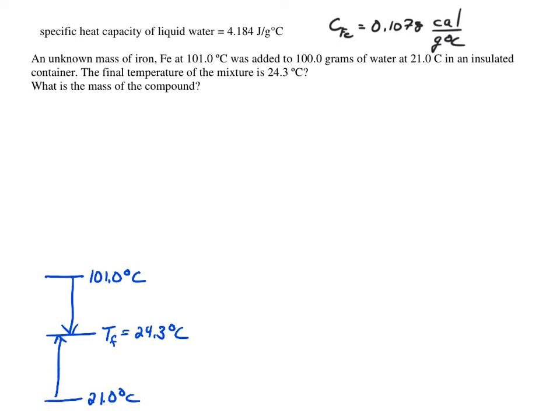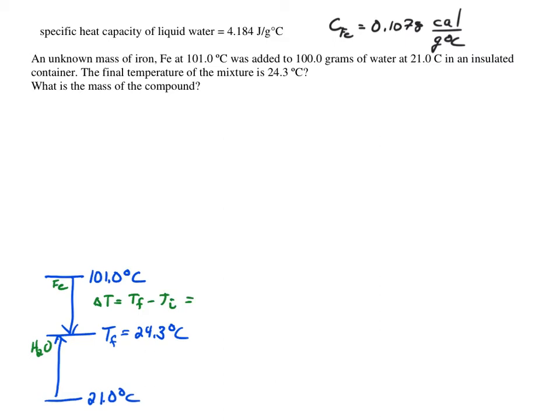So what we see, we have two different delta T's. We have a delta T for the iron, and we have a delta T for the liquid water. In each case, we know that delta T is going to be equal to the final temperature minus the initial temperature.